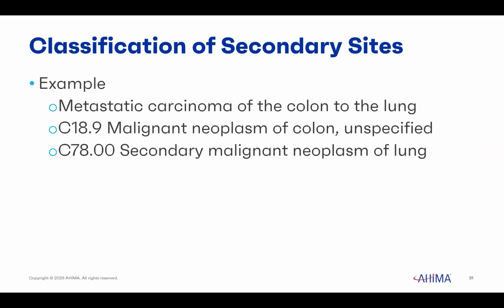So, for example, we have metastatic carcinoma of the colon to the lung, right? So it just says colon, that would be C18.9. And then we have the secondary malignant neoplasm of the lung. Let's take a look at that in the tabular.